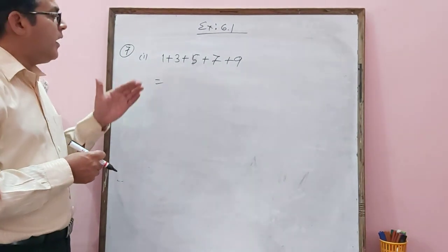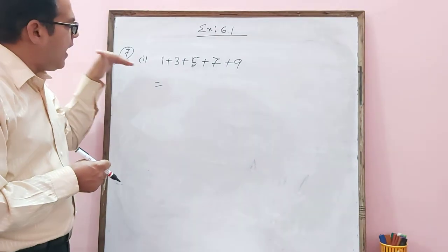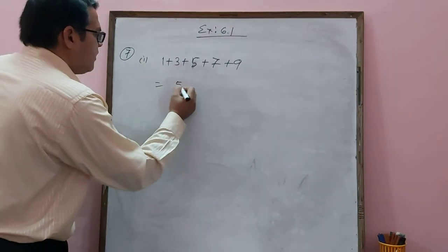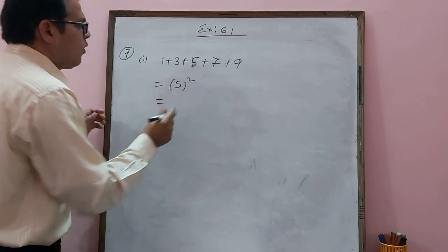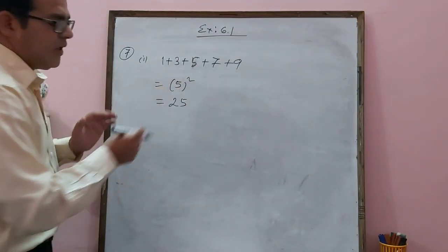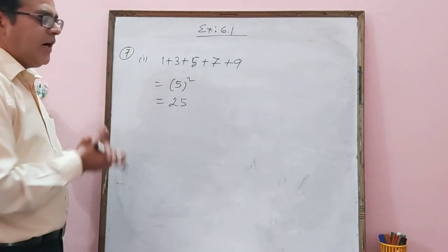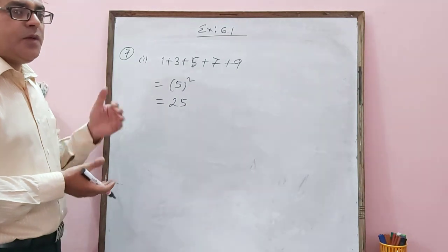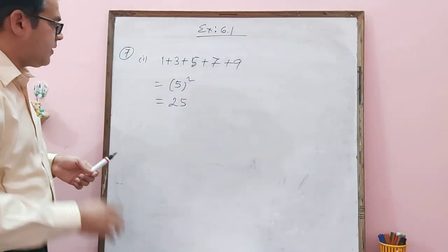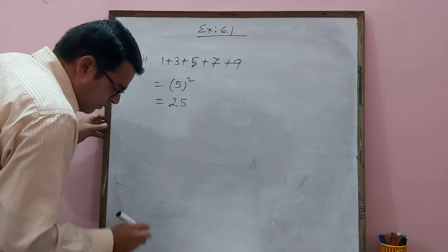Here n is 5, since we are adding the first 5 odd numbers. So the sum will be the square of 5. What is the square of 5? It is 25. So without adding them, we found the answer by using the property of squares that I discussed in the previous lesson. Now one more part I am taking from here. This is part number 3.